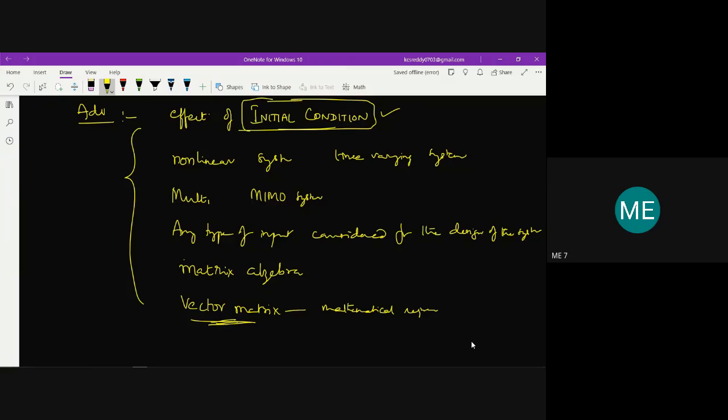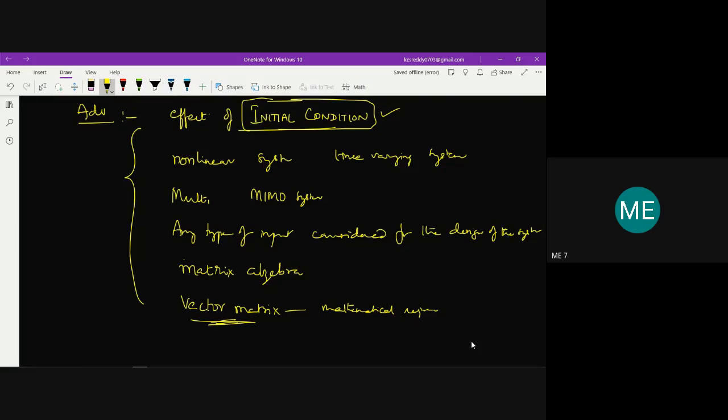So these are the advantages of using state variable analysis. Whereas the conventional methods have limitations, to overcome these limitations we are going to use the modern method, which has the advantage of considering the initial conditions in the design of a control system. It is applicable for nonlinear systems, time varying systems, and multiple input multiple output systems, and any type of input can be considered.